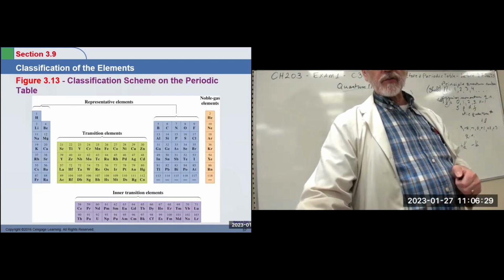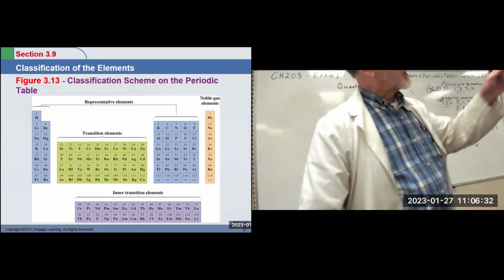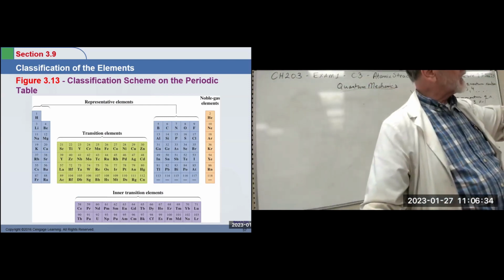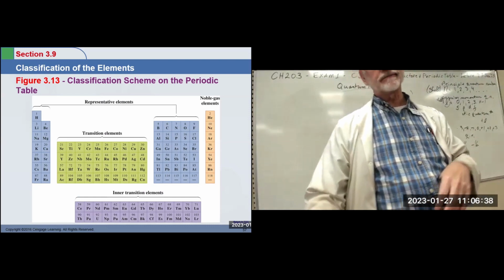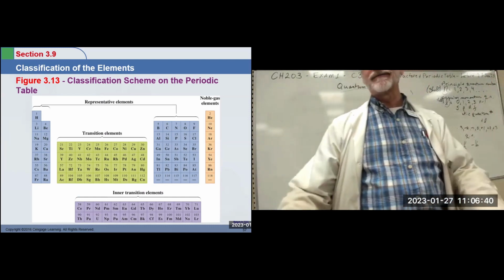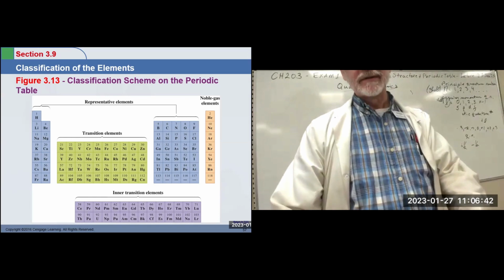So those are your groups. The 2 columns on the left and the 6 on the right are often referred to as representative elements. Don't ask me why. It doesn't make any sense to me either.